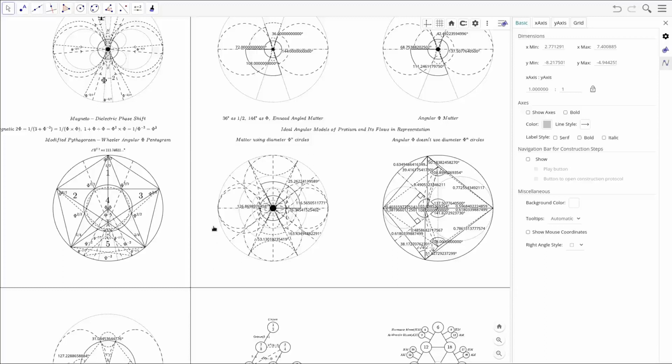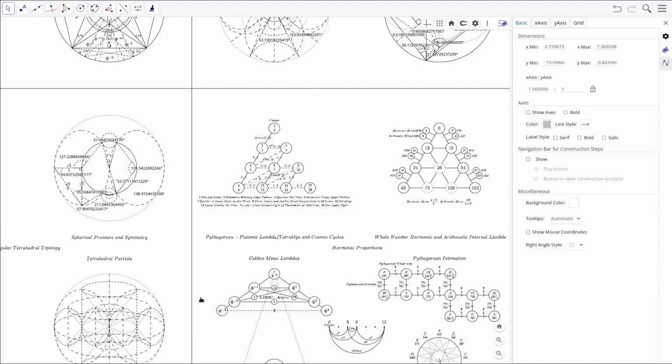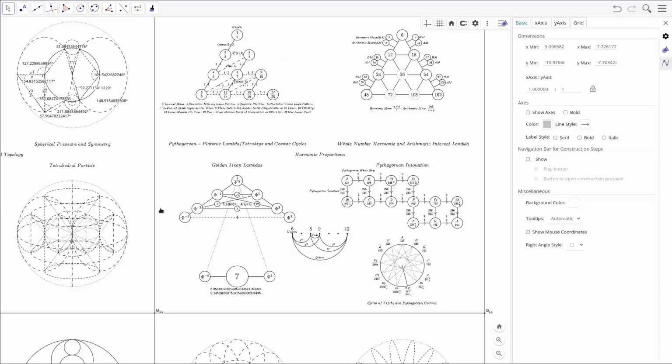Oh, but before I get to that, I haven't quite showed you what this part is. Did I? Oh, come on. Come on, computer.